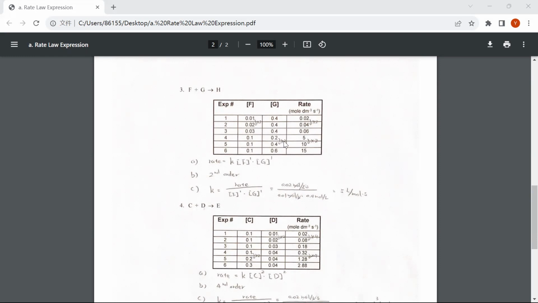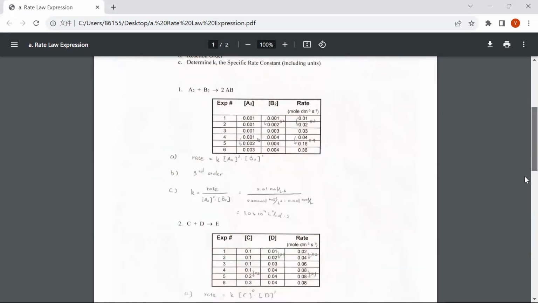G multiplied by 2 from experiments 4 and 5, and the rate also multiplied by 2. So G also has an exponent of 1. And when we add these two exponents together, it gives us the second order for the reaction order.